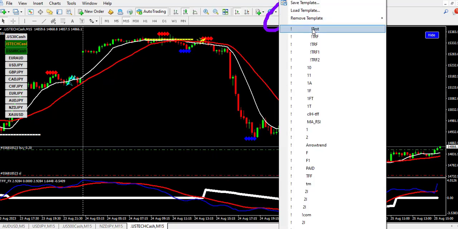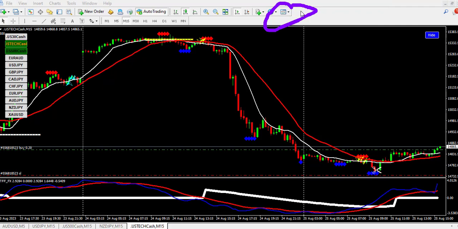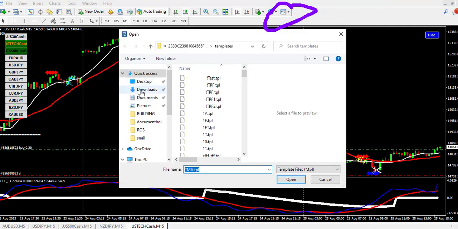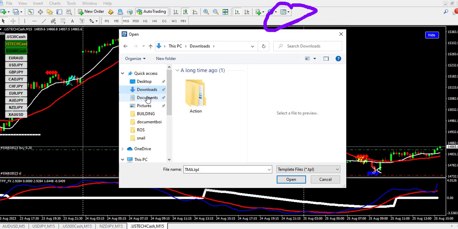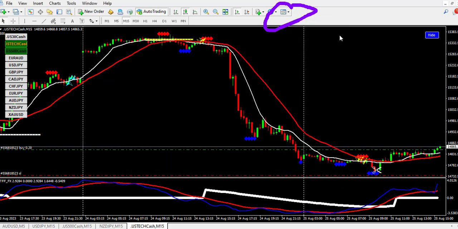Just load the template and you will have it. Or if you do not see it here, click on load template and navigate to where you downloaded the template, either in your download folder or wherever you saved it. Just navigate to that point and click on it, then you will have it.